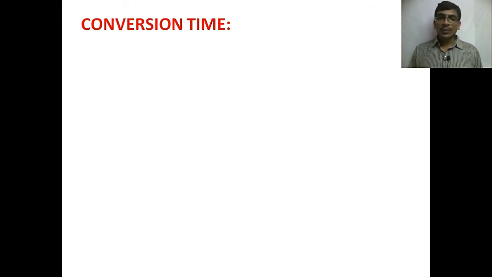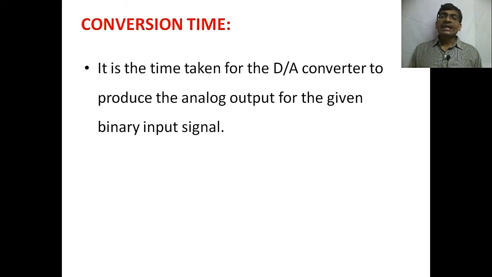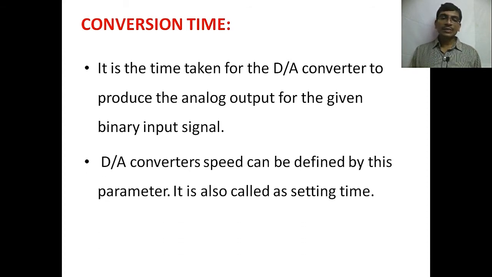Next, one more important definition is the conversion time. It is the time taken by the digital to analog converter to produce the analog output for the given binary input signal.